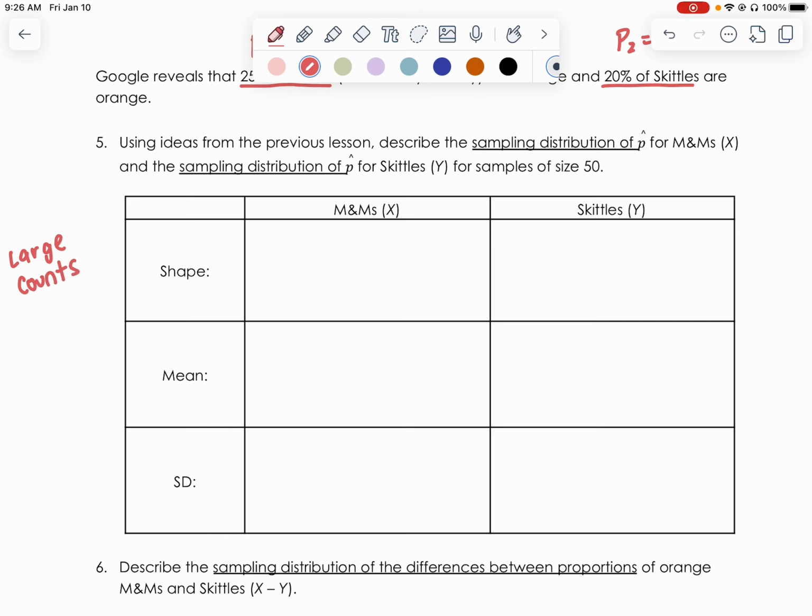For mean, the formula we found was that mu sub p hat equals p. And for standard deviation, sigma sub p hat equals the square root of p times 1 minus p over n. Pause the video and see if you can fill this in for both M&Ms and Skittles.